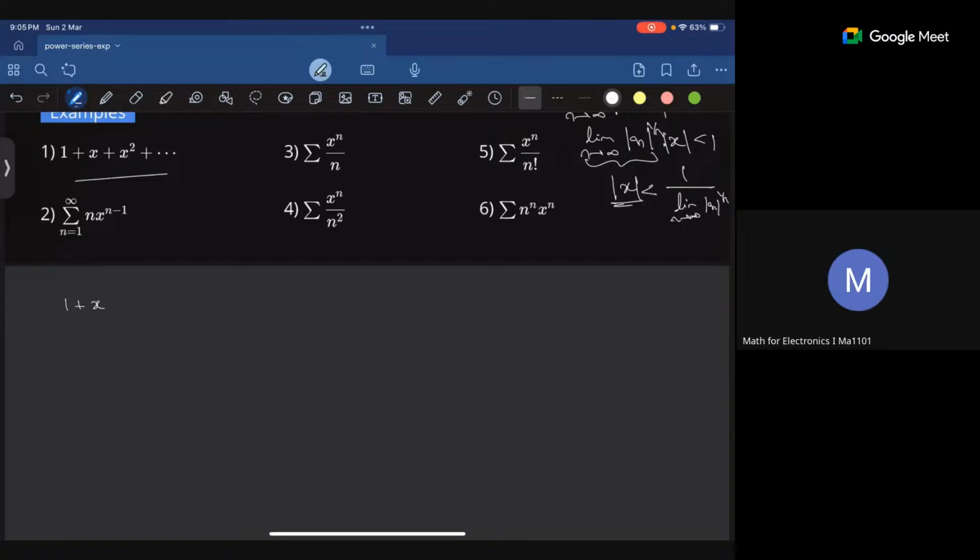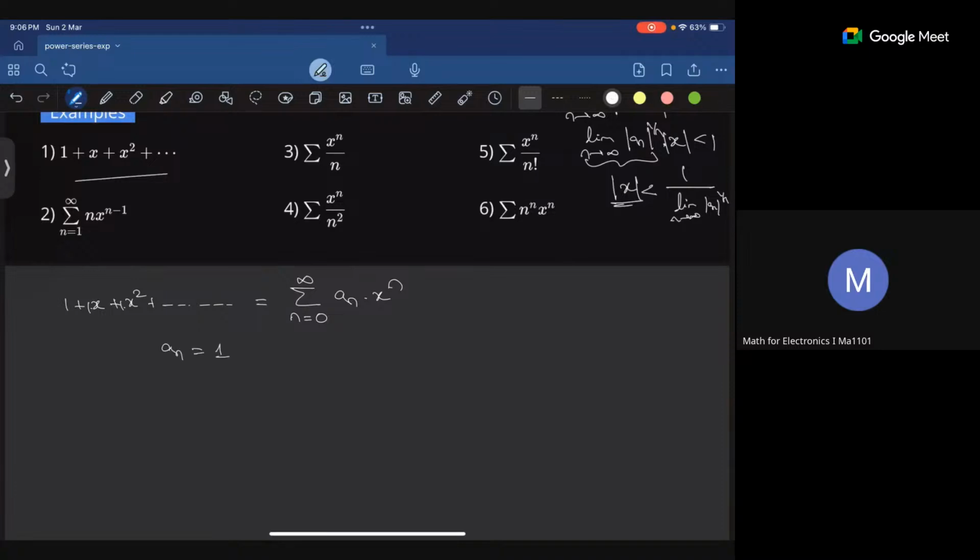So 1 plus x square plus and so on. If you write this as summation n equals 0 to infinity a_n x power n, we have to write it in this form. If you see carefully, a_n is 1 because all the coefficients are 1.